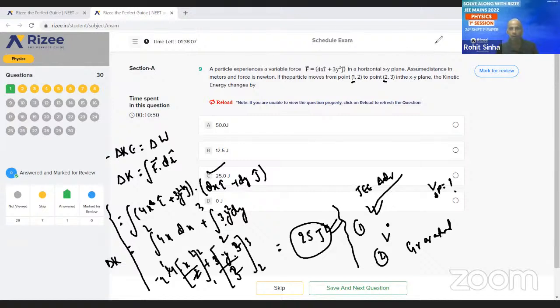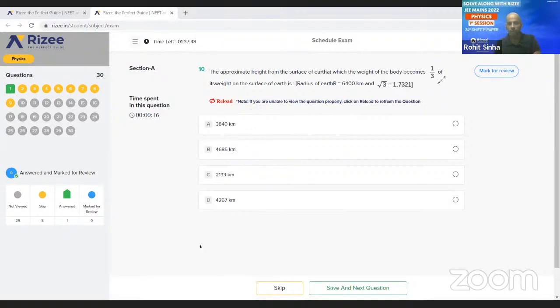So now let us go to the next question. It is given like this: the approximate height. See here, it is telling that the approximate height above the surface of earth at which the weight of the body becomes 1/3 of its weight on the surface of earth.